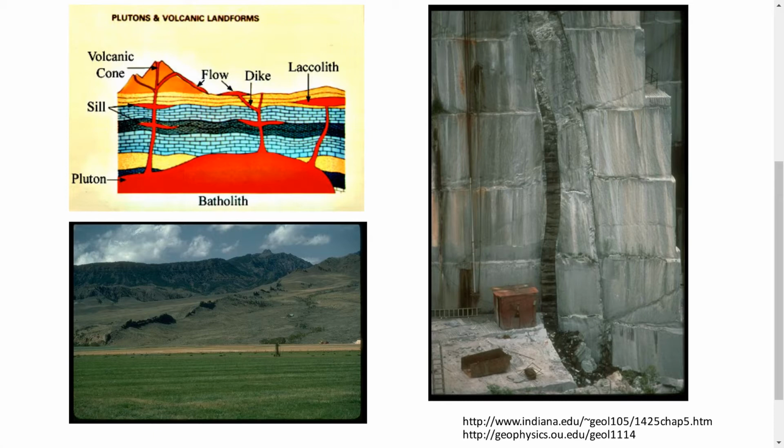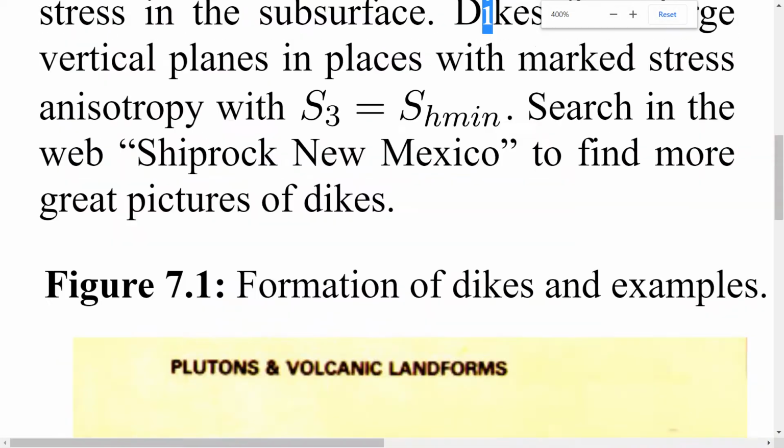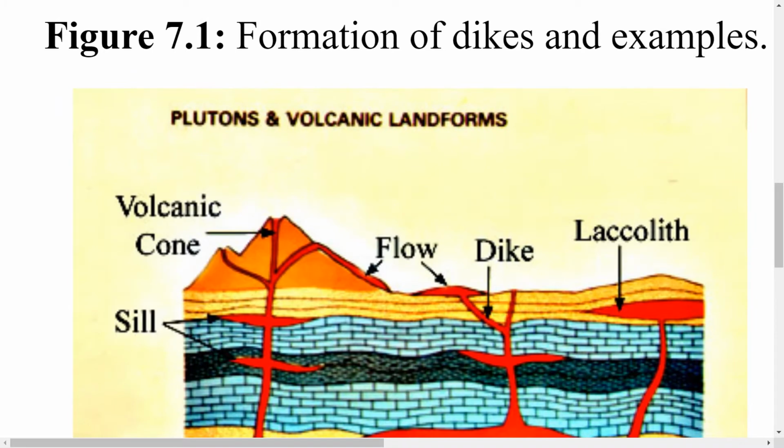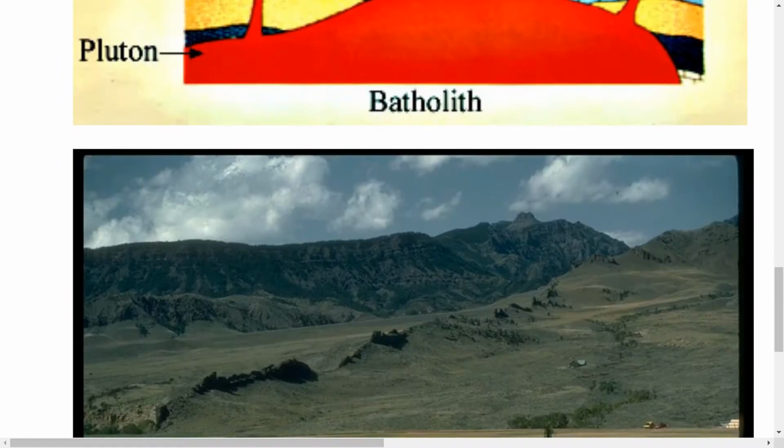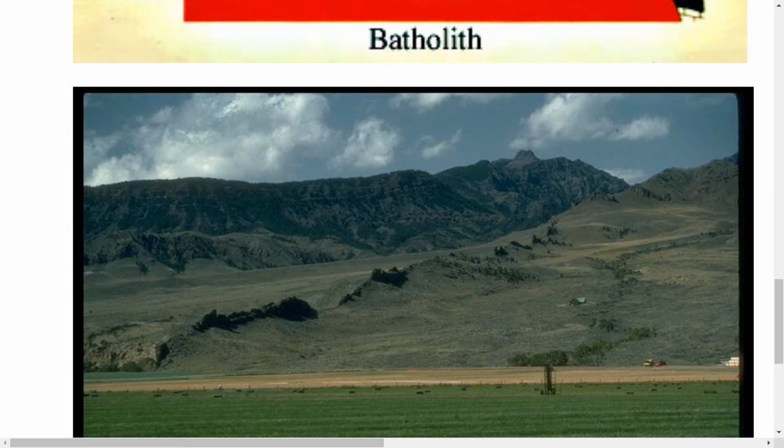And what you see in this other image on the bottom left is what you will see on surface, how the dikes sometimes get to the surface, and if you had some erosion of this region, then you will just find the most resistant part of the rock, which in this case will be the magma, and this will appear like this wall of magmatic rock on surface.